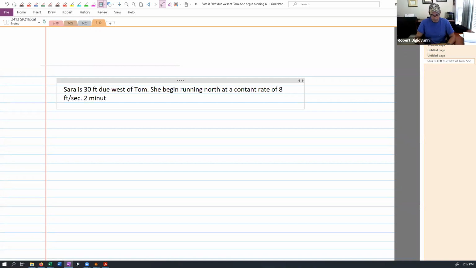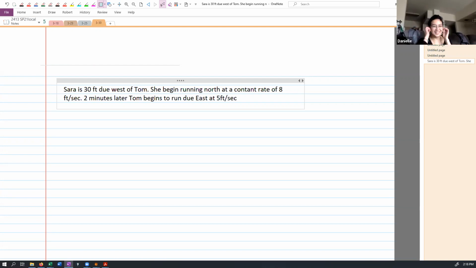Two minutes later, Tom begins running due east at, I was going to make him go faster, but I don't want him to get upset, so I'm going to make him go slower. 5 feet per second.